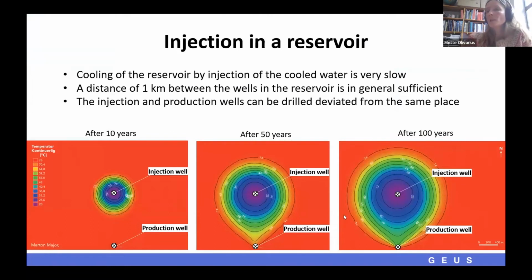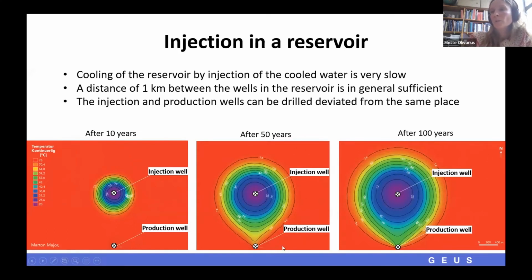And this is an example made by Martin Media from Aarhus University, showing when you have an injection here of the cold water and the production well here, about 800 meters away. It will actually take a very long time before the cold front reaches the production well in this simulation.